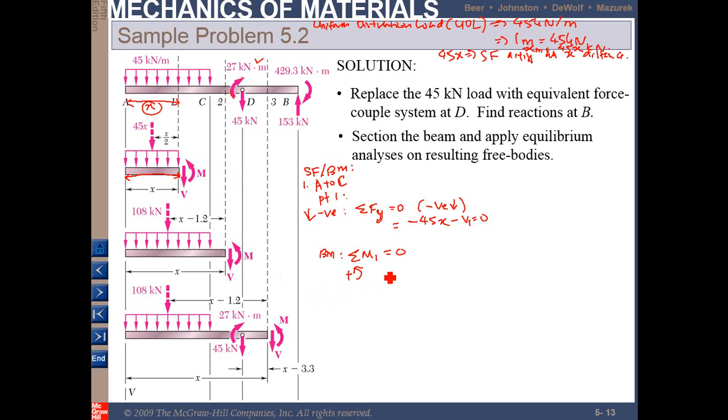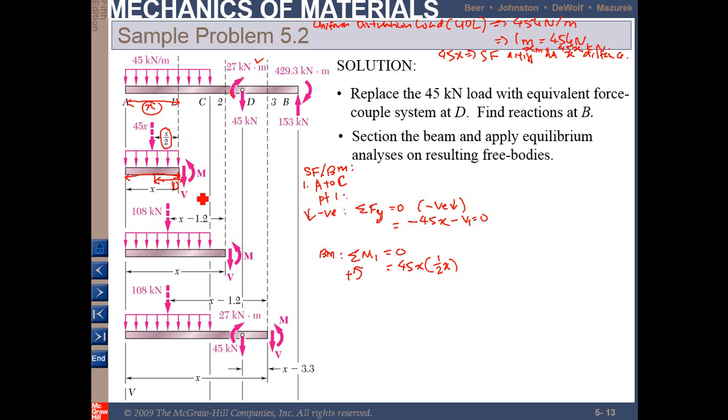So this is 45x times half x, because from point 1, which is here, to here is half x.